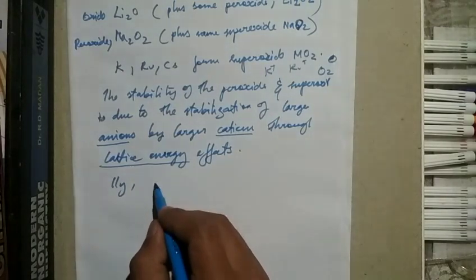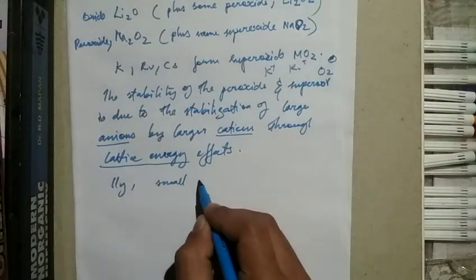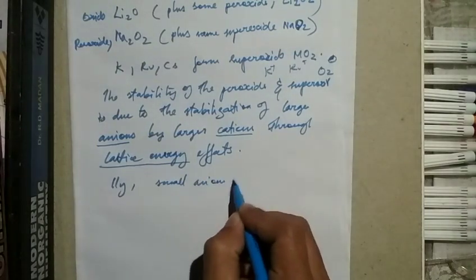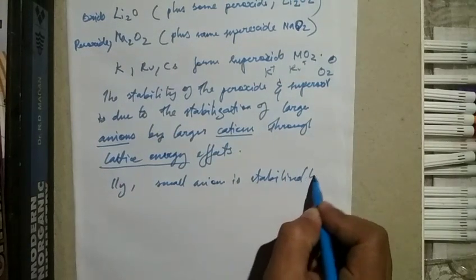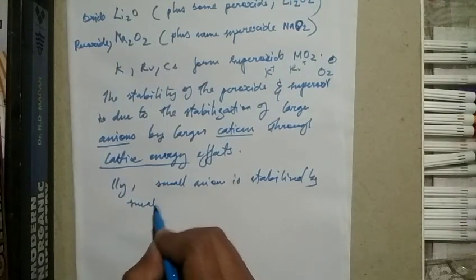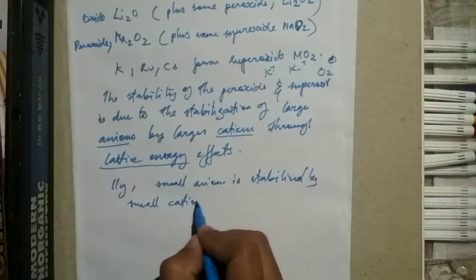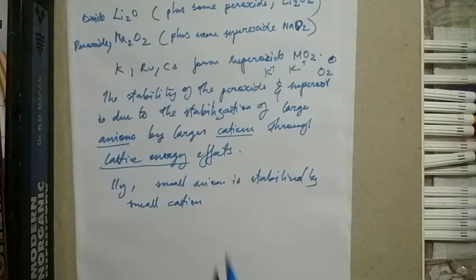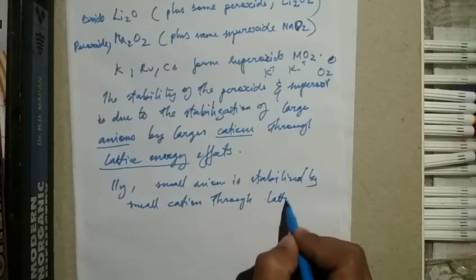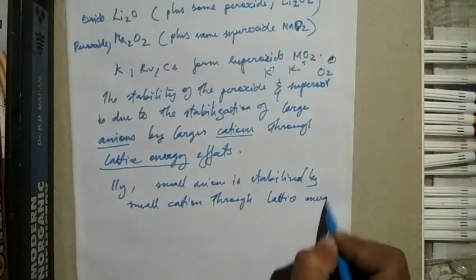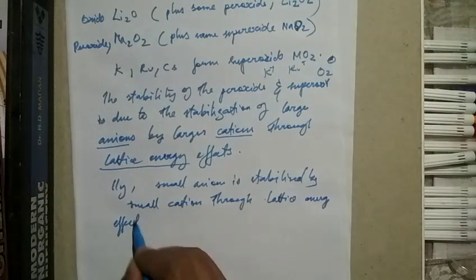Similarly, a small anion is stabilized by a small cation through lattice energy effects.